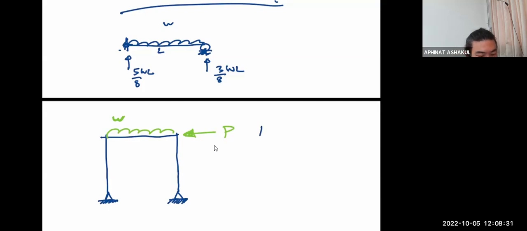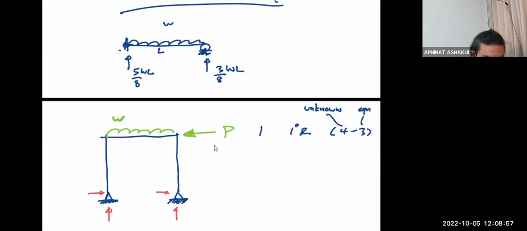So how many reactions do we have? 1 and 2 and 3 and 4. 4 reactions again. So we have 3 equilibrium equations. So that means this is 1 degree of redundancy, right? Coming from 4 minus 3, 4 unknowns, and 3 equilibrium equations.